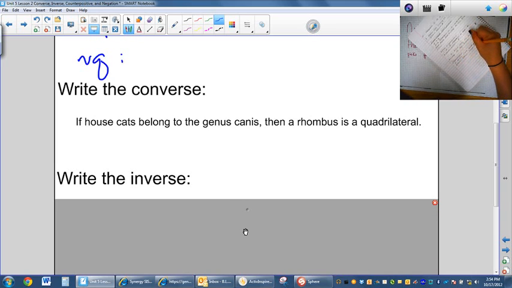Go ahead and write the inverse, once again using your logic table for reference. The inverse says we have a statement, if P then Q. The inverse of that statement is if not P then not Q. We already negated over here, so use what we have to build your inverse.